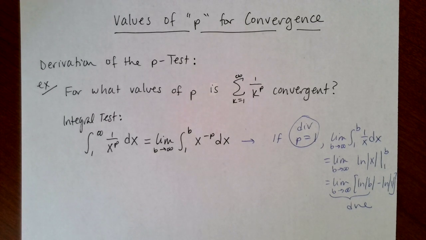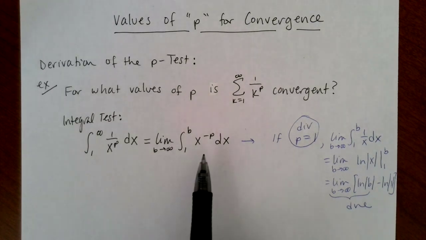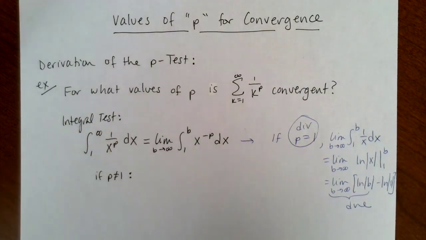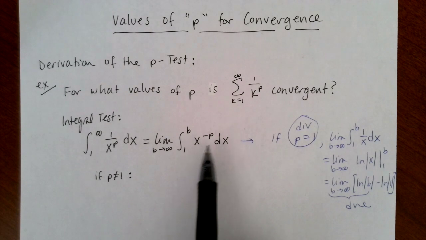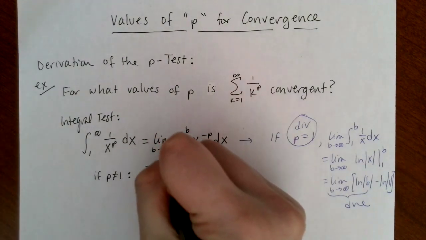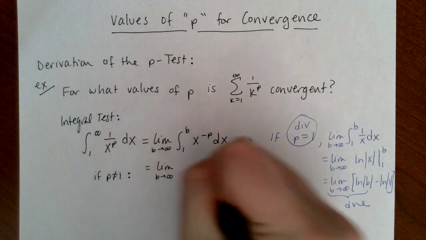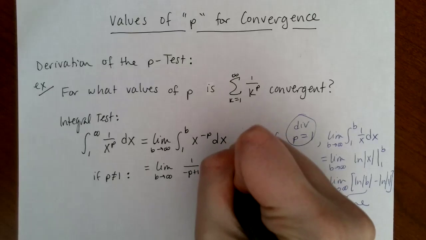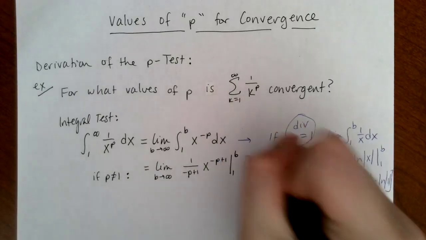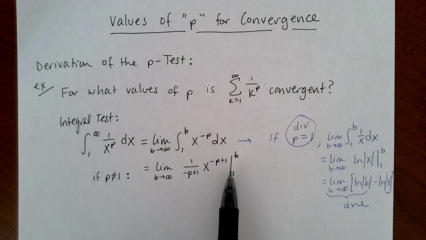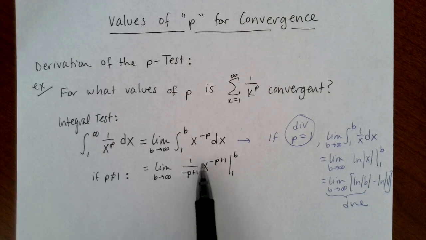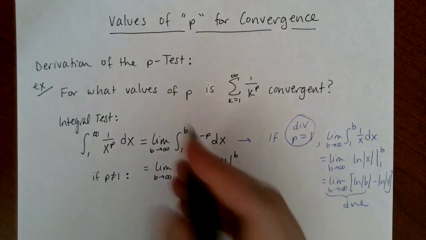All right, so then that brings us back to, if p is not exactly 1, then we're using the reverse power rule for this antiderivative. So we keep our limit out front, and we would have 1 over negative p plus 1, x to the negative p plus 1, evaluated from 1 to b. And remember, these two are x values. So in the next step, when I do plug, plug, subtract, they're just going right here, and the p stays just the letter p.